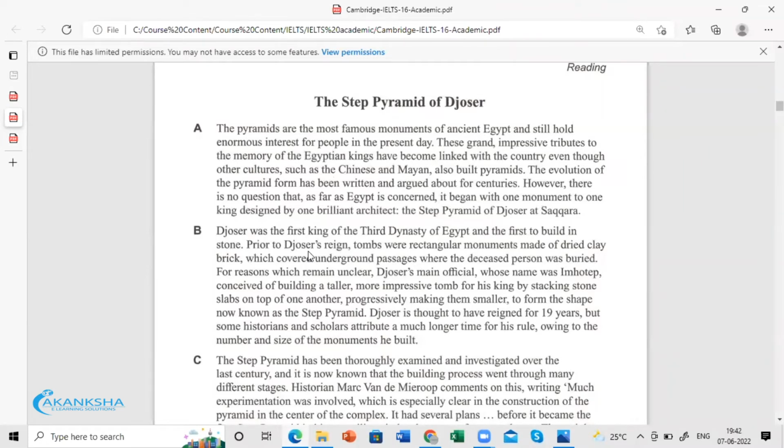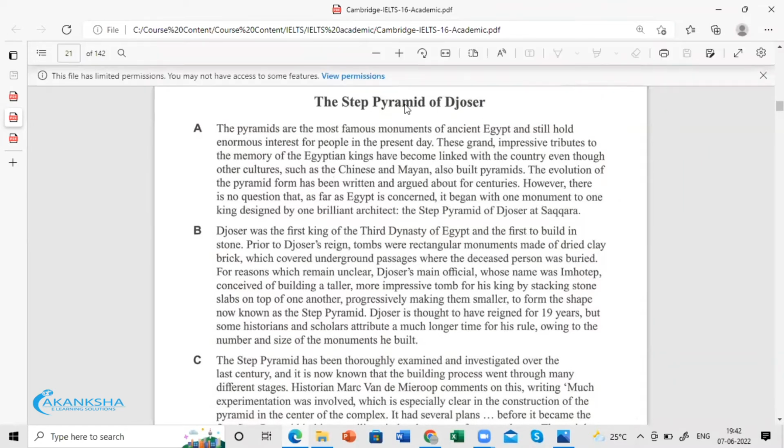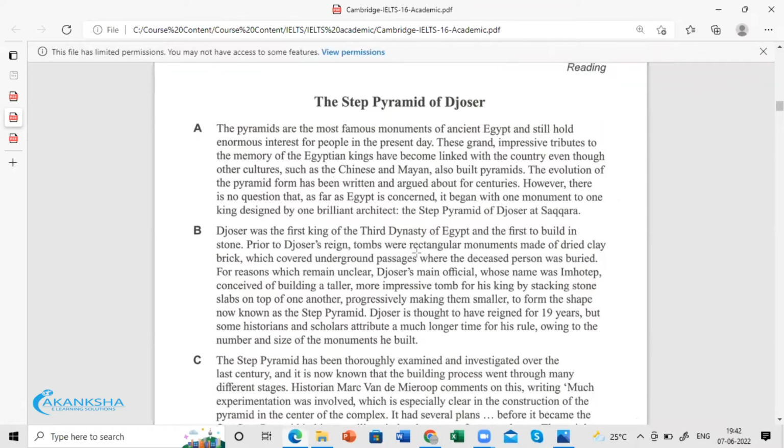So here if we observe in between the sentences, we see rectangular monuments, right? Underground passages, and buildings taller, impressive tomb, making them smaller.